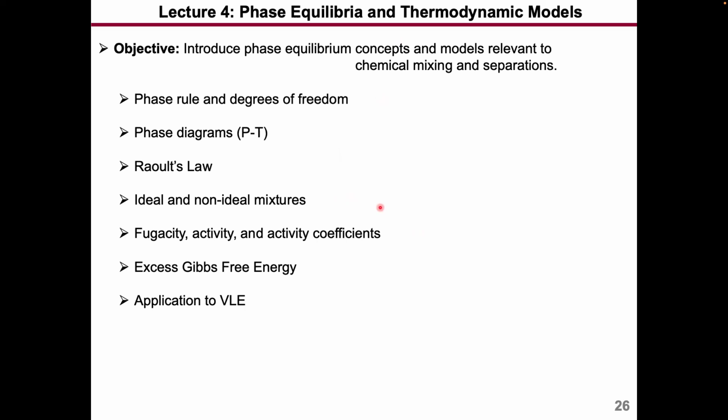And then excess Gibbs free energy is related to that deviation. And then we applied all this knowledge to analyze the vapor-liquid equilibrium of these mixtures. So that's it for today. Again, we will come back to the final lecture on chemical reactions in lecture 5. All right, thank you.